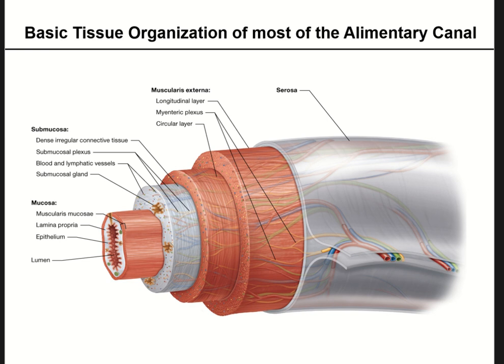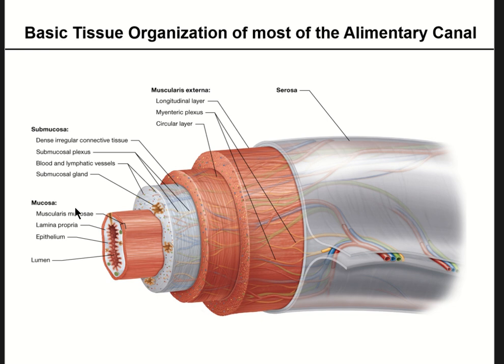So in histology photomicrographs, we want to start by identifying where the lumen is. And once you've found the lumen, from the lumen to the externalmost layer, we're going to see the mucosa, the submucosa, the muscularis externa, and depending on whether it's intraperitoneal or retroperitoneal, we're going to call it either serosa or adventitia, right? So hopefully that's a little bit of review from before we left for break.